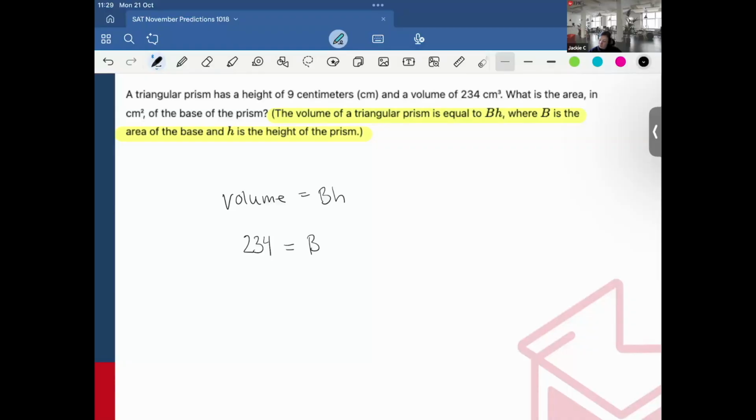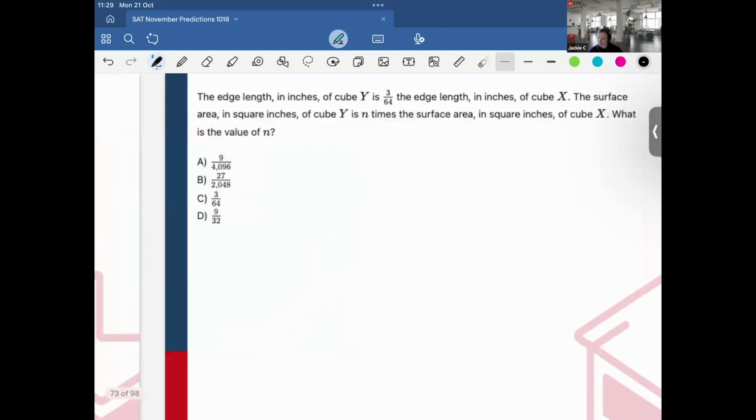So base times 9, and I am just asked for the base. So 234 divided by 9, and 26 is equal to the base. That was super simple. But I mean, these problems appear on the SAT and you want to be comfortable solving them.